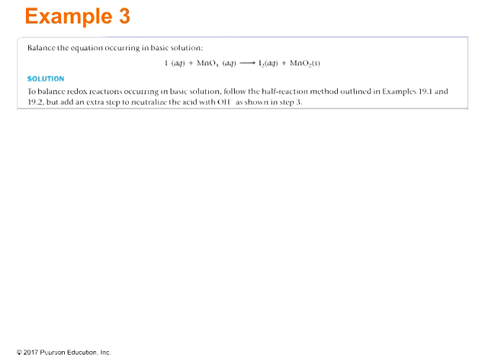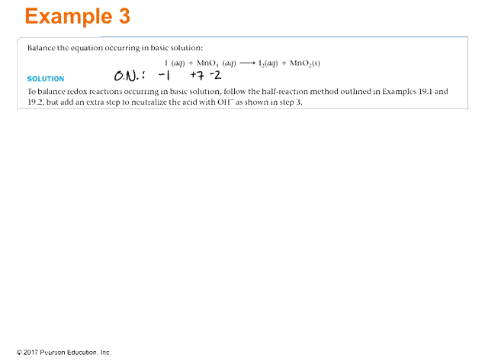So again, the first thing we always want to do is assign oxidation numbers to each of the molecules or ions. So iodide has a -1 charge, so its oxidation number is -1. And then we saw earlier that in permanganate, oxygen is -2 and manganese is +7. So we've already gone through that process.